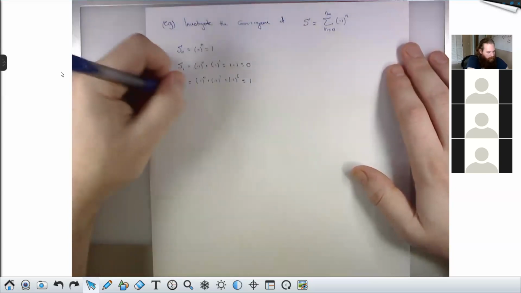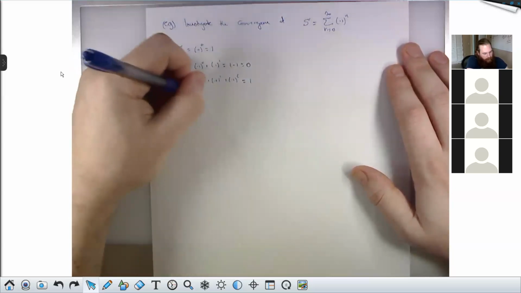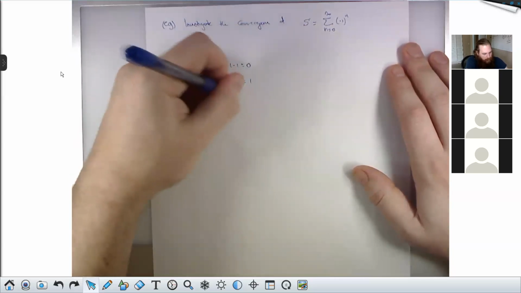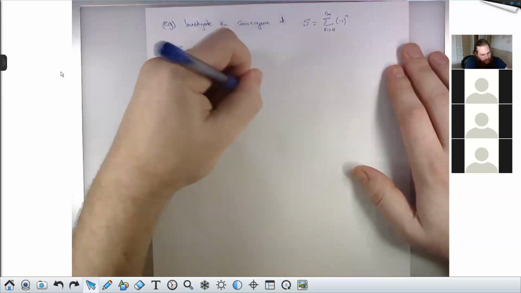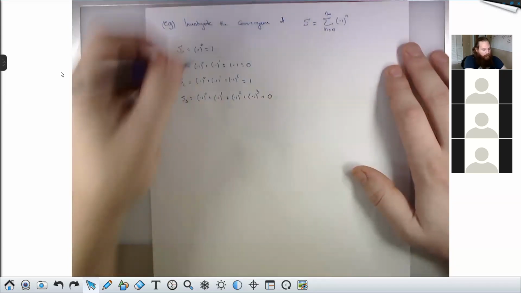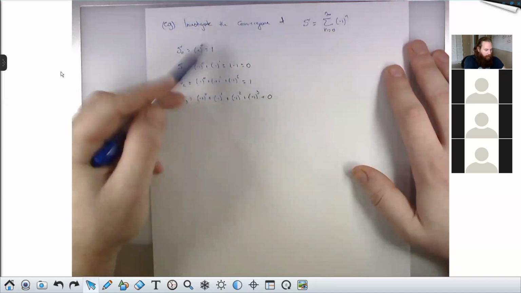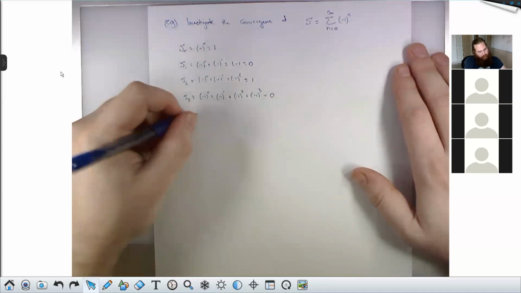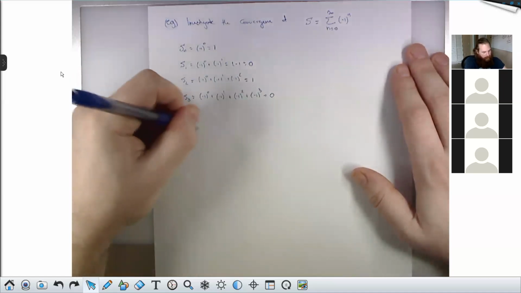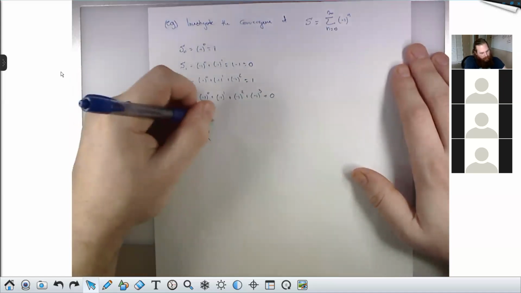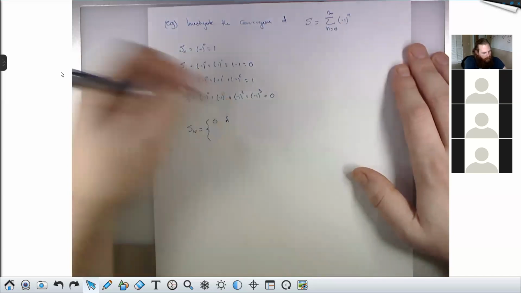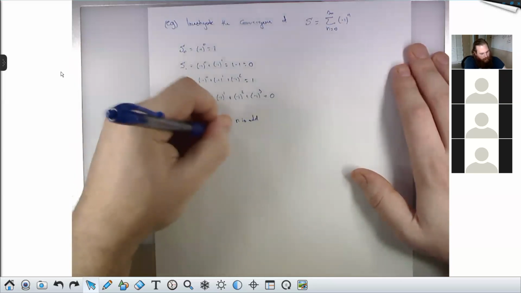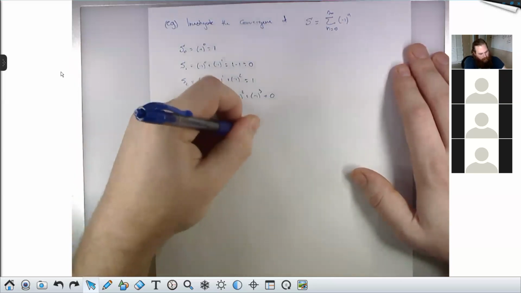That's 1. S3 is (-1) to the 0 plus (-1) to the 1 plus (-1) to the 2 plus (-1) to the 3. That's 0 again. So the sequence of partial sums appears to go 1, 0, 1, 0, 1, 0. S_N appears to be 0 if N is odd, and 1 if N is even.